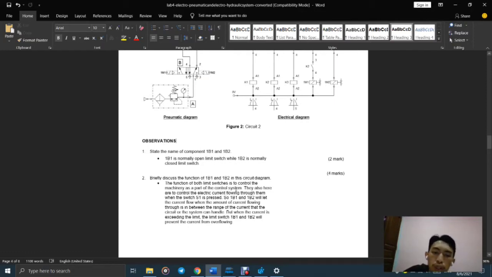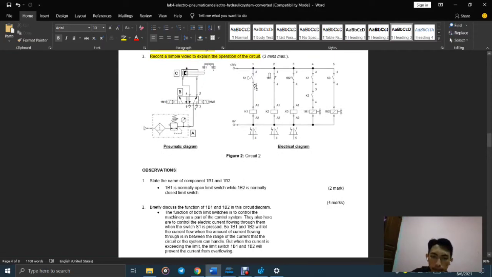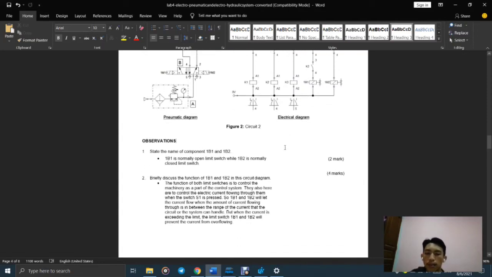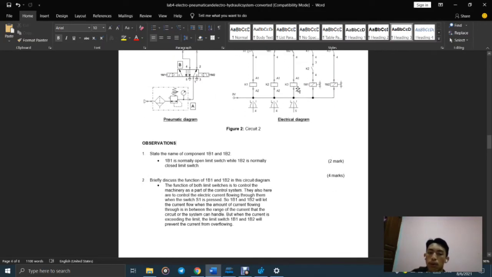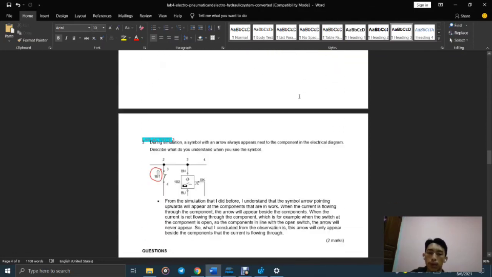They also control the electric current flowing through them when the switch S1 is pressed. So 1B1 and 1B2 will let the current flow when the amount of current is within the range that the circuit system can handle. But when the current exceeds the limit, 1B1 and 1B2 will prevent the current from overflowing.